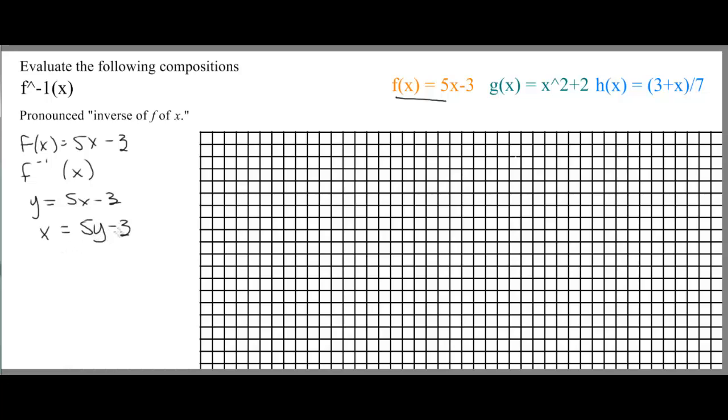Again, we need to isolate y. Right now, 3 is being subtracted from it. So let's add 3 to both sides in order to get rid of that 3 on this side. Now we want to divide by 5, because right now y isn't by itself yet. It's being multiplied by 5. To undo multiplication, we divide. So divide both sides by 5.